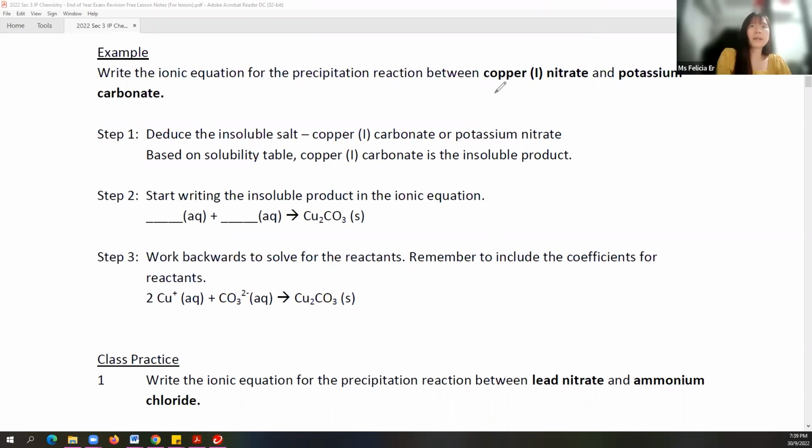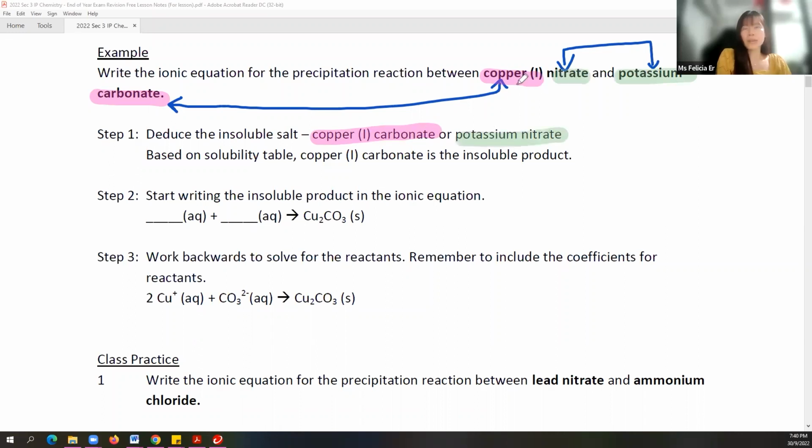That means the first one partners with the second one, and the second one partners with the first one. So for the first combination, which is copper with carbonate, the second combination will be potassium with nitrate.